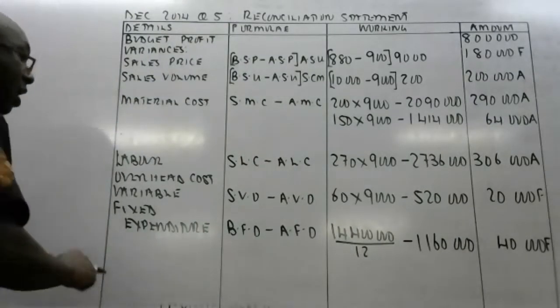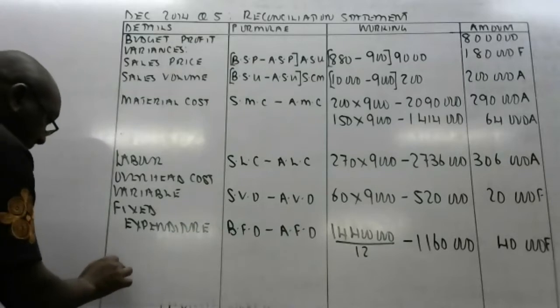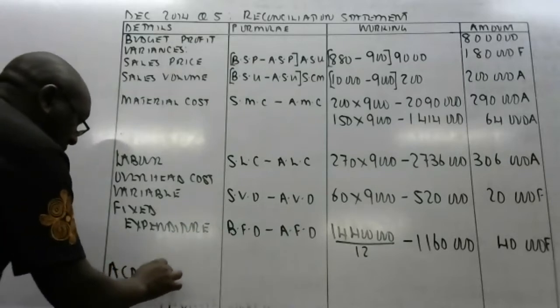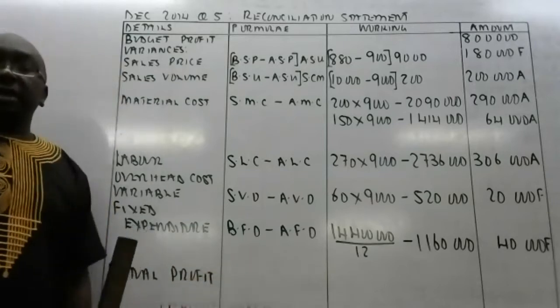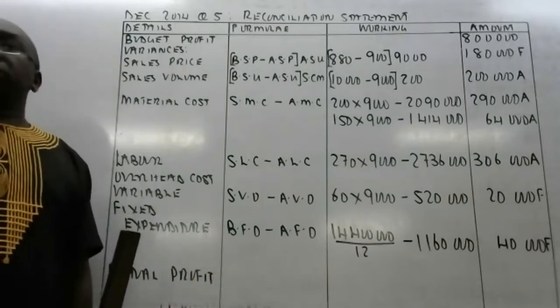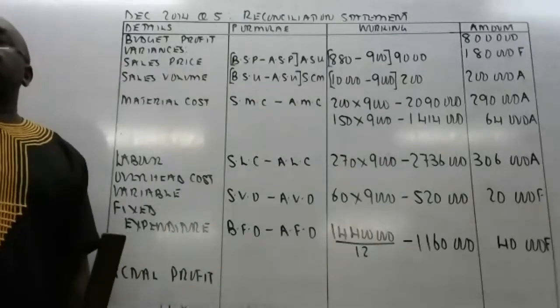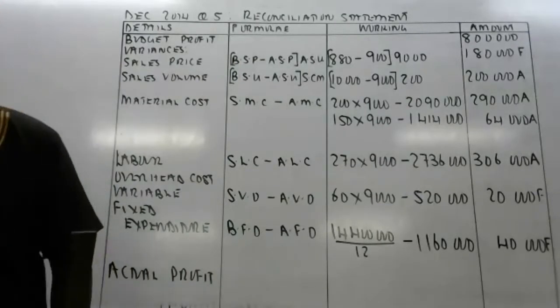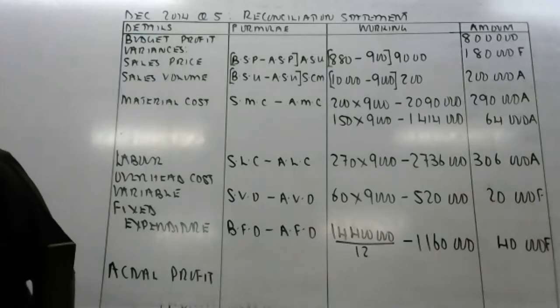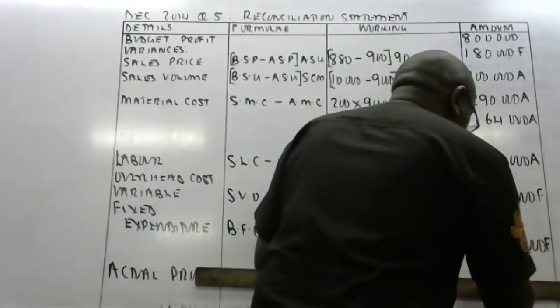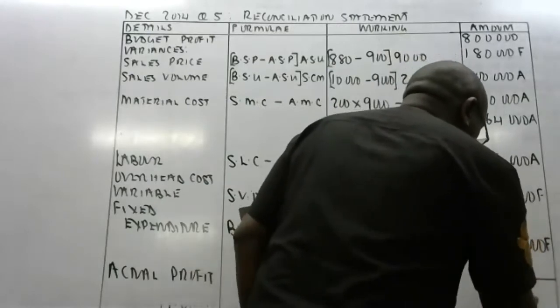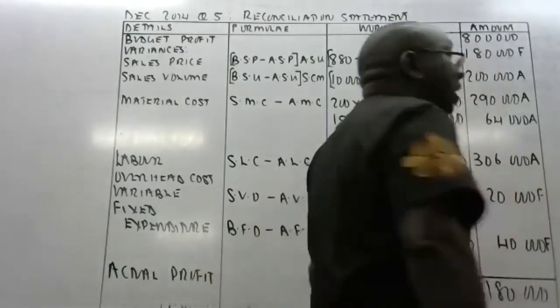And in that case, you bring the actual profit. I told you, if it is not given, you simply get the actual revenues minus the actual costs. But in this case, they have given us an amount of 180,000.